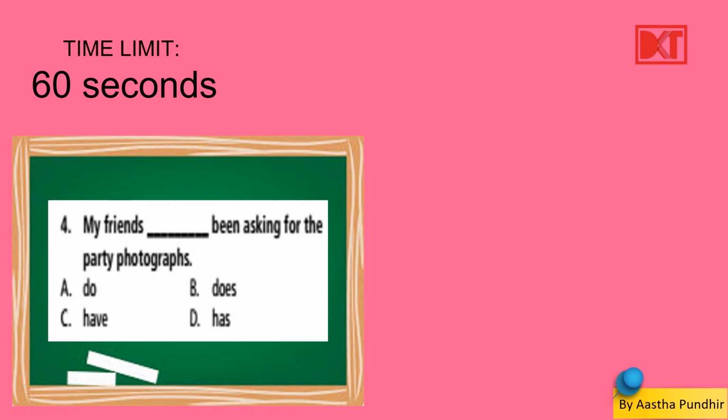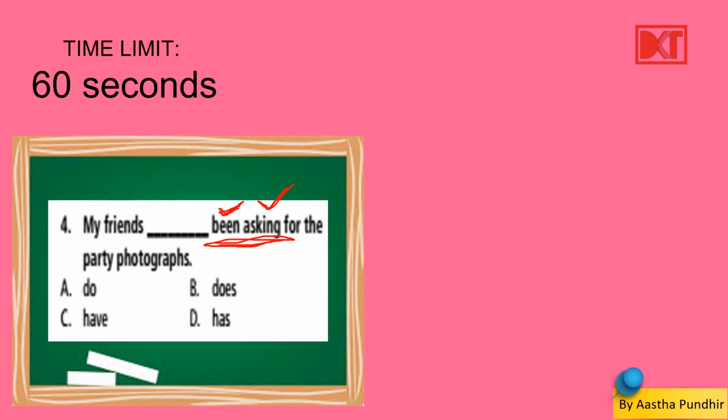Okay, here. My friends dash been asking for the party photographs. Now here what do you have to focus on, as in the previous questions we've been doing, you focus on the verb. Now we have used been asking. Alright. So this is what form? This is the perfect continuous form, present perfect or past perfect.